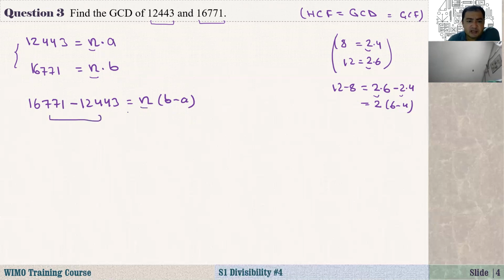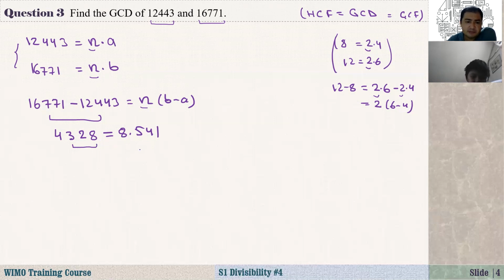Now in this way, I can find N much faster. What is the difference of these two numbers? The difference is 4,328. I can write it as 8 times 541, because this number is divisible by 8. If you divide this by 8, I can write it as a product of 8 and 541.